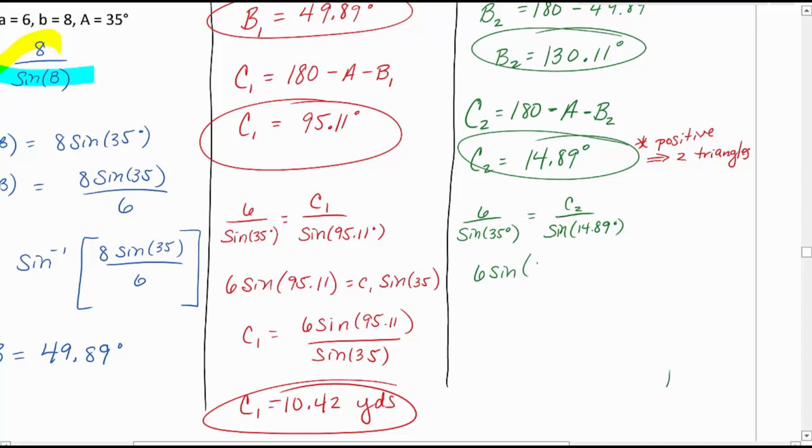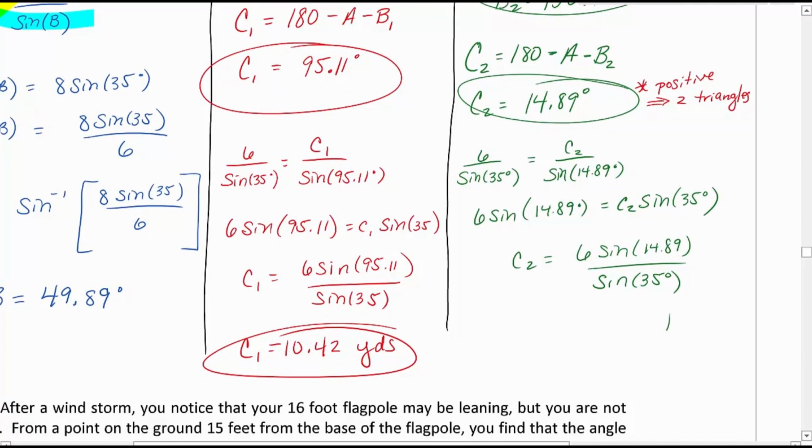We get 6 sine of 14.89 degrees equals C2 times sine of 35 degrees, and then we'll divide. C2 equals 6 sine of 14.89 divided by sine of 35. Plug that into your calculator and round to the nearest hundredth. We get our second side C to be 2.69 yards.